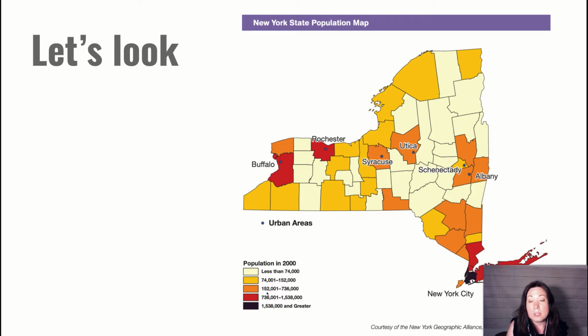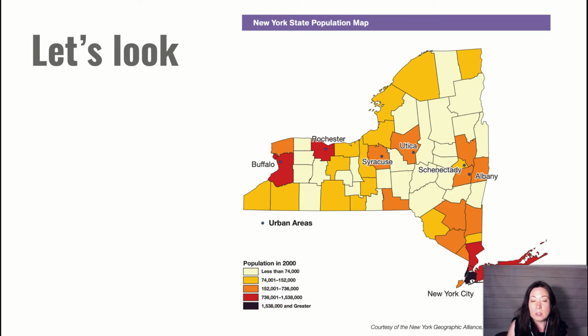The orange says 152,001 to 736,000. The darker red is 736,001 to 1,538,000. And the very dark red, almost black color is 1,538,000 and greater.